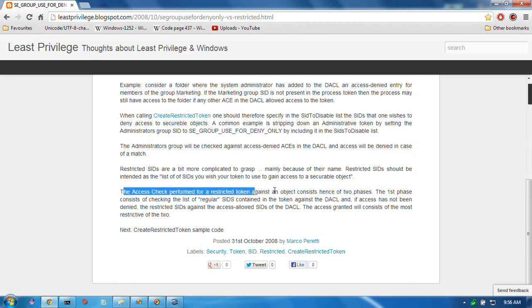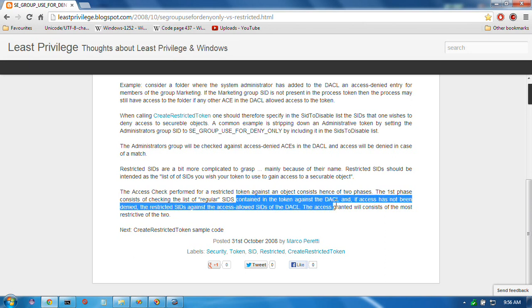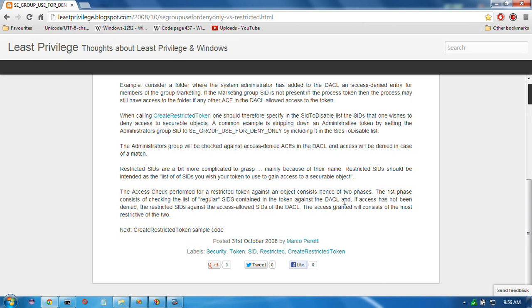The access check consists of two phases. The first phase being checking of regular SIDs contained in the token against the DACL. And if access has not been denied, the restricted SIDs against access allowed in the DACL.